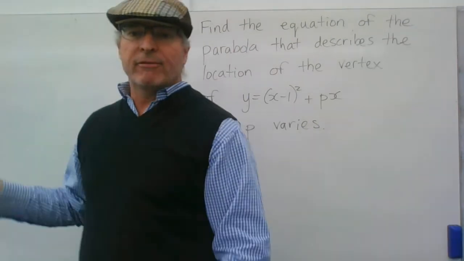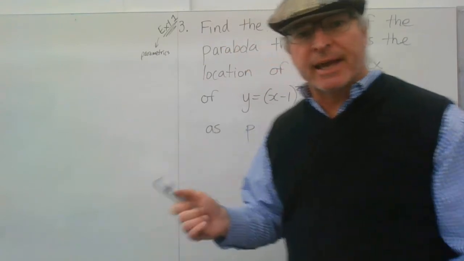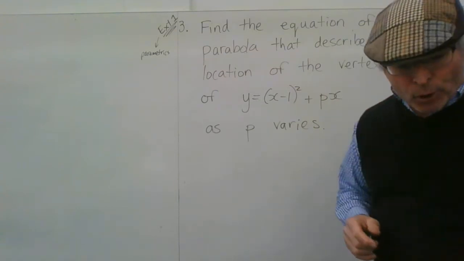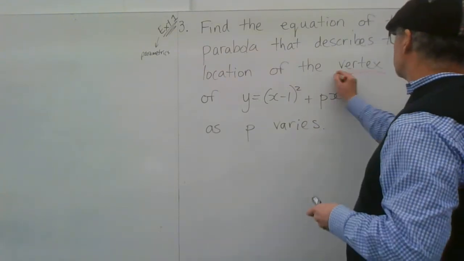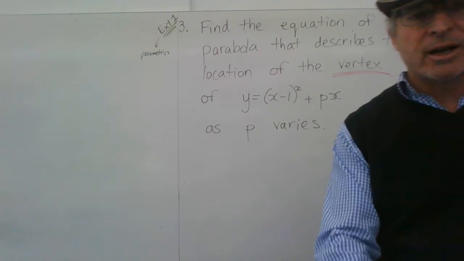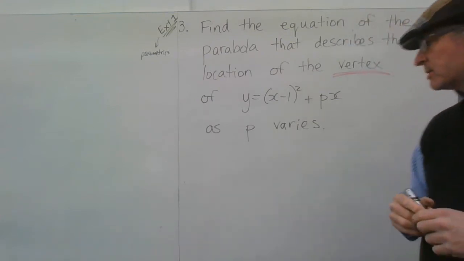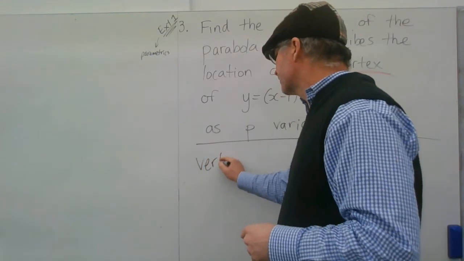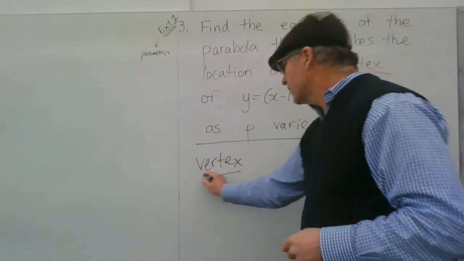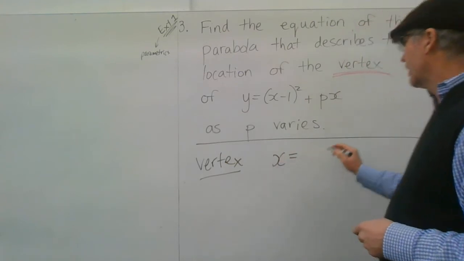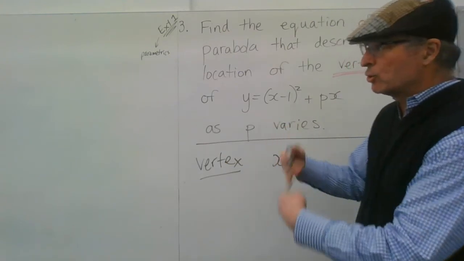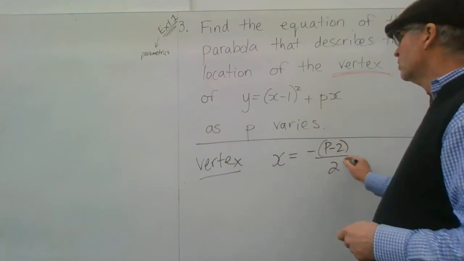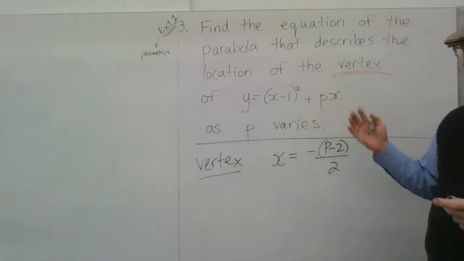Well, since I've done some work over here on the vertex, I'm going to bring those values over here, since we're focusing on it. What are its actual coordinates? The coordinates of the vertex: you've got your x equaling minus b on 2a, which turns out to be minus (p minus 2) on 2, when that was expanded.